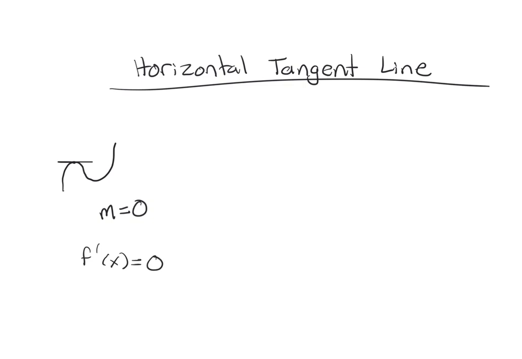Let's say I have this function here, f of x equals x to the 3rd over 3 minus 3x squared plus 9x minus 10. The question is, when does this function have a horizontal tangent line?